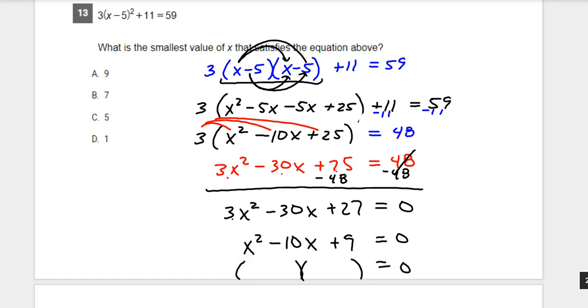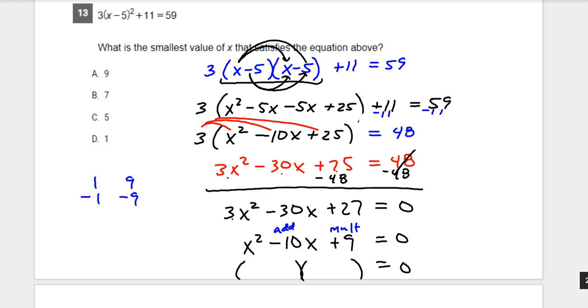I need to find two numbers, and I have a content video on factoring quadratics. Whenever you do these, you want to find two numbers that multiply to make positive 9 and add to make negative 10. So multiplying to make positive 9, my choices are 1 and 9, negative 1 and negative 9.